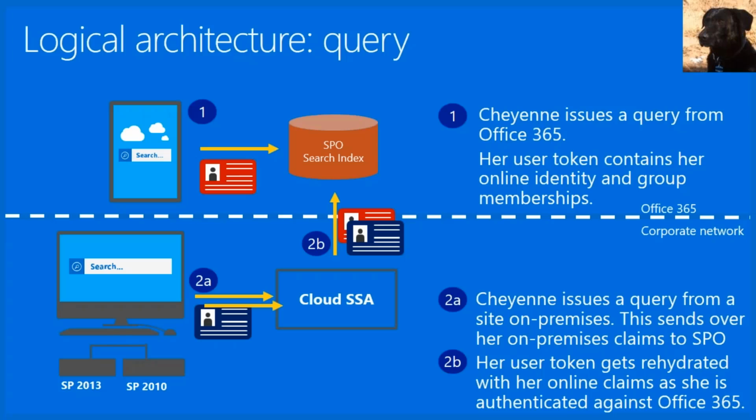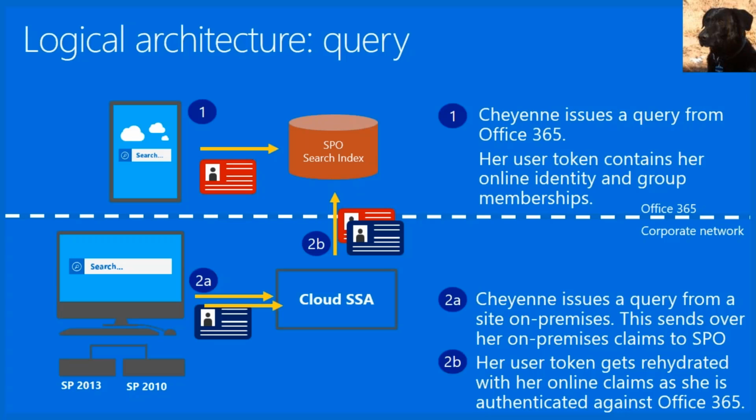What is the logical architecture for query in the cloud search environment? Well, if Cheyenne is in her Office 365 tenant and she's in the Office 365 Search Center and she performs a search, her identity is already verified. So the SharePoint Online Index shows her the content that she has access to.